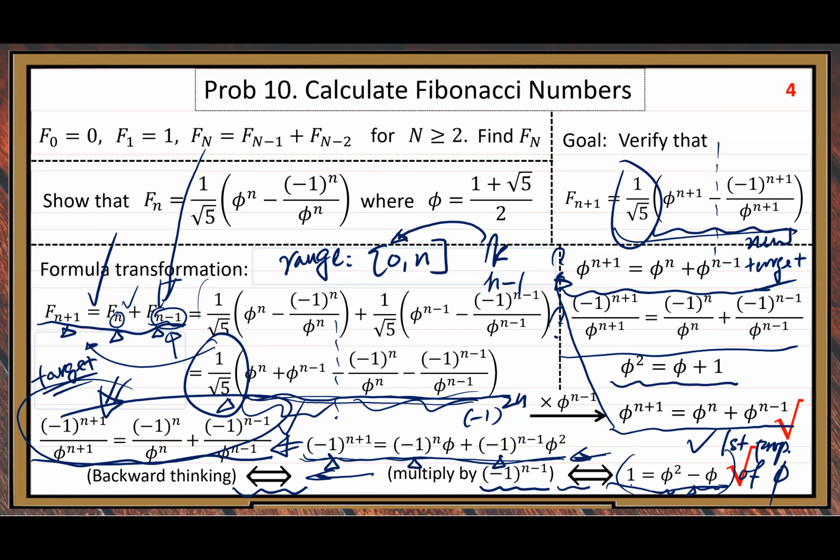Starting from the first property of the golden ratio, this time we do forward deduction, so we can get to our second target. Then our verification is done. So by mathematical induction we verify the step.